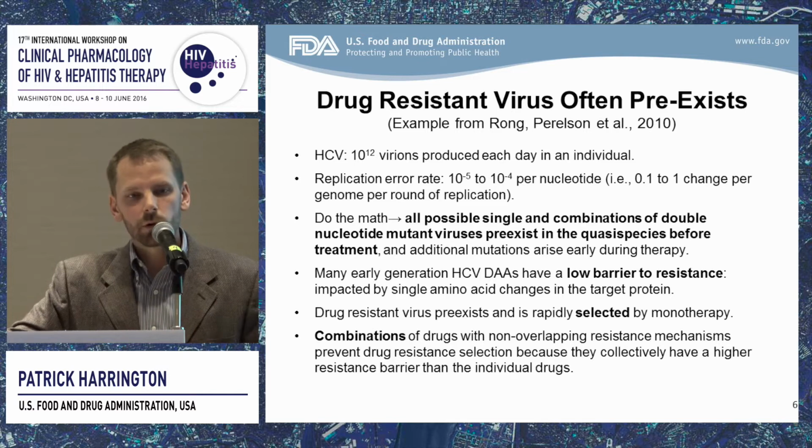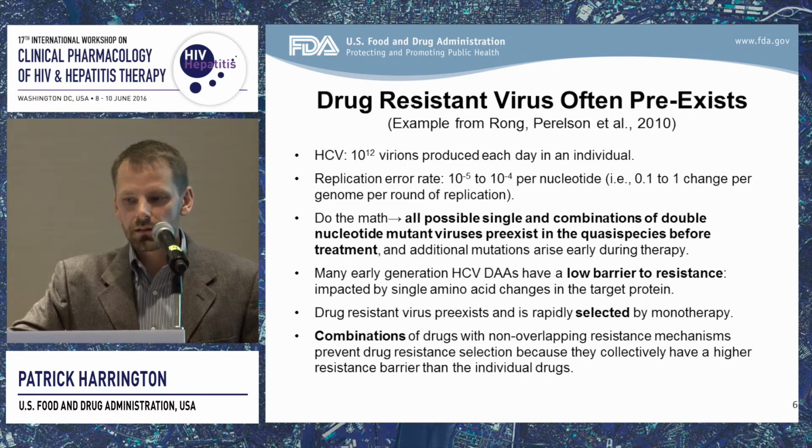And if you account for viral replication dynamics and the replication error rate, you can do some math and basically conclude that all possible single and all possible combinations of double nucleotide mutant viruses pre-exist in the quasi-species before treatment, and additional mutations may arise early during therapy as well.